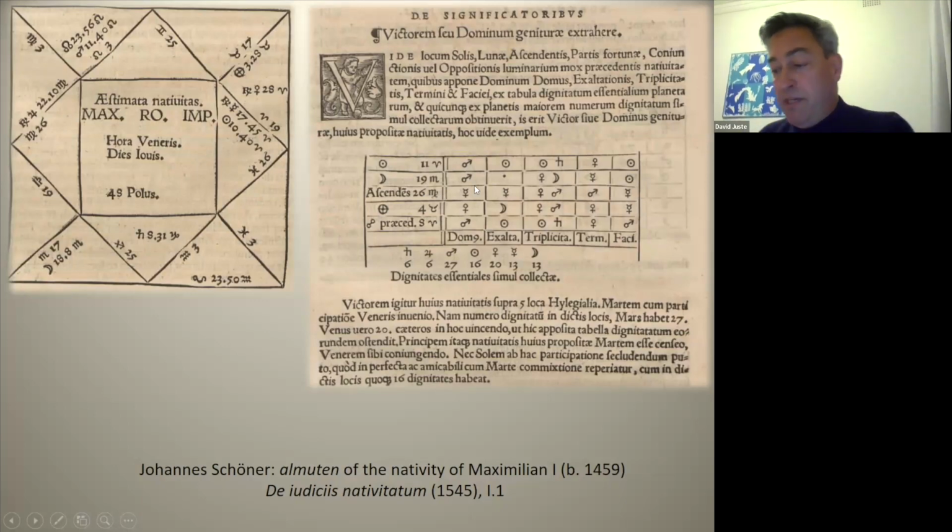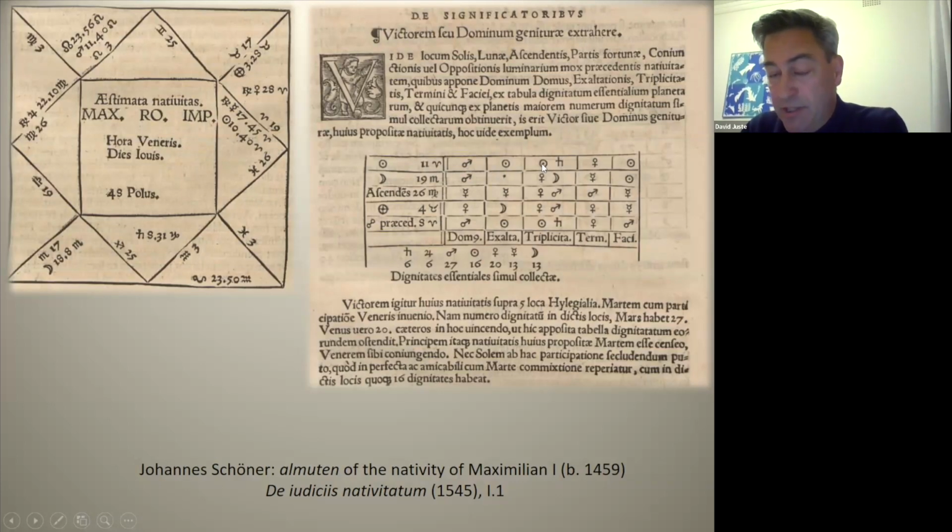And then if you compare this table with your handout, let's take the sun at the 11th degree of Aries. Look at the 11th degree of Aries in your handout. You will see that the domicile, as we said, is Mars. The titles are given at the bottom of the table: Domus, exaltatio, triplicitas, terminus, and facies, right? So the sun at 11 Aries, the domicile is Mars. The exaltation is the sun.